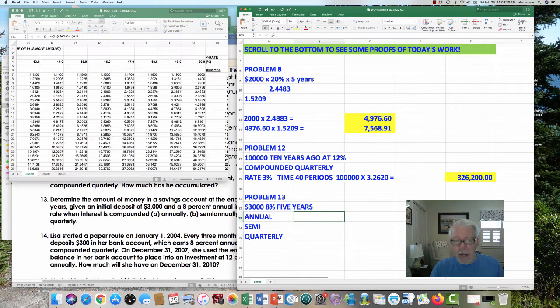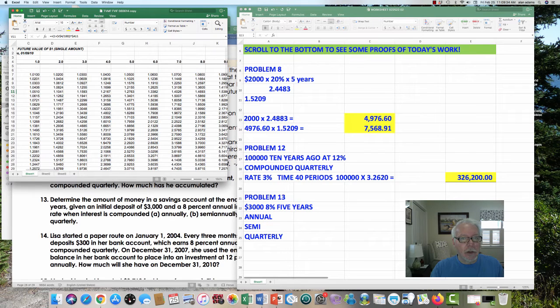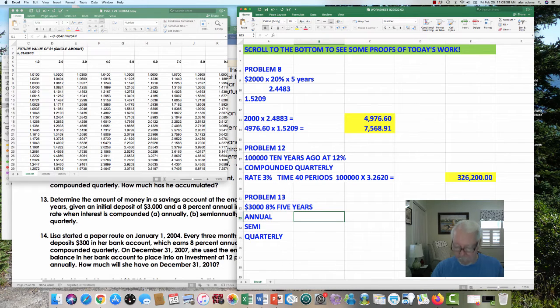And we say 8% for 5 years gives us 1.4693 multiplied by what? By our $3,000. Now we say, what if it happens semi-annually?